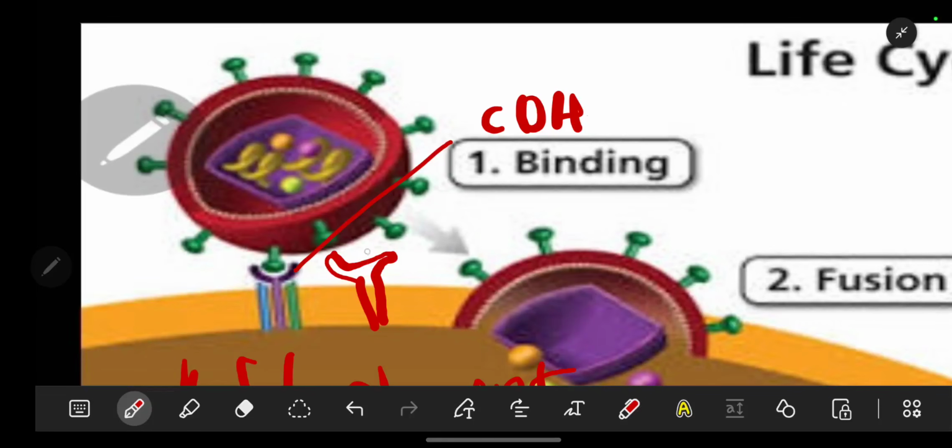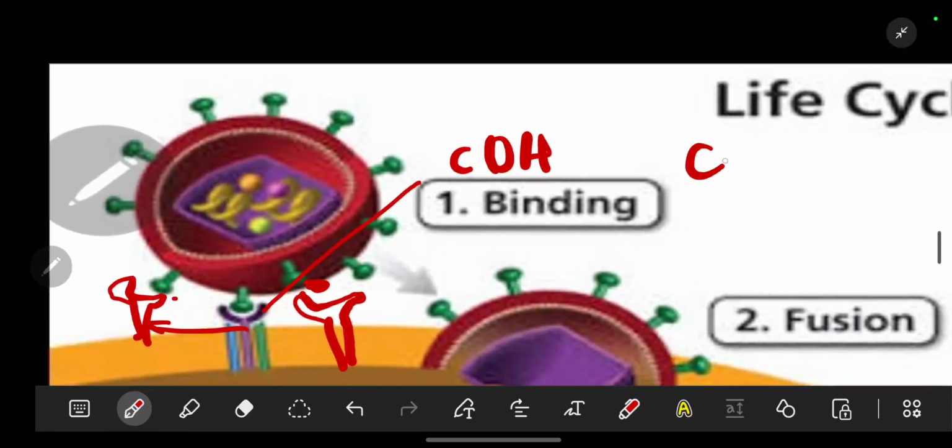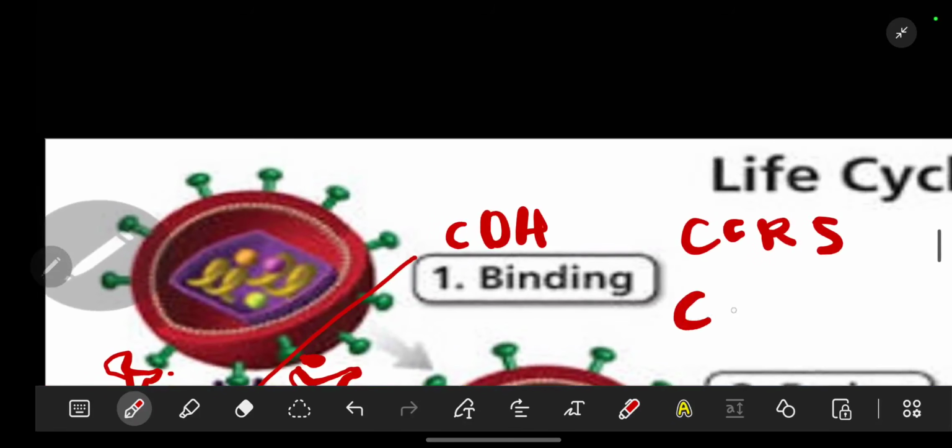Now sometimes they might not just attach to the CD4, but they can attach to other receptors. This is the receptor, which is the CD4. They can also attach to helper receptors, CCR5. Sometimes they might ask you, especially for multiple choice, we can have CCR5. We can also have the CXCR4.